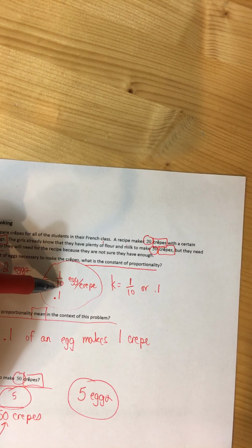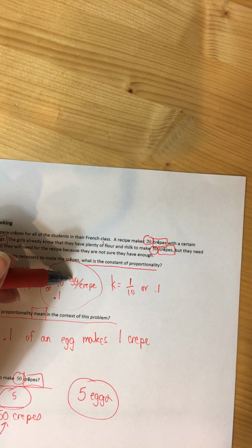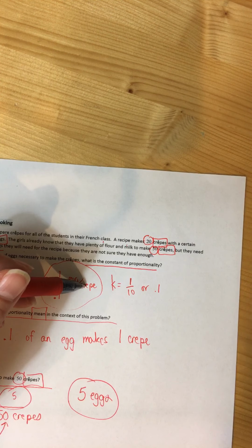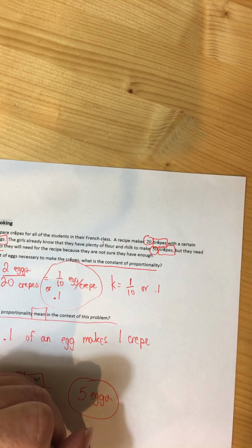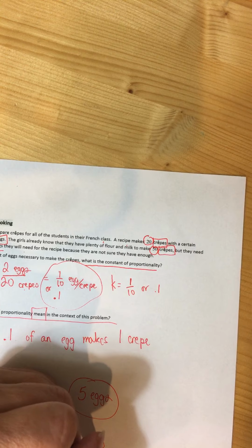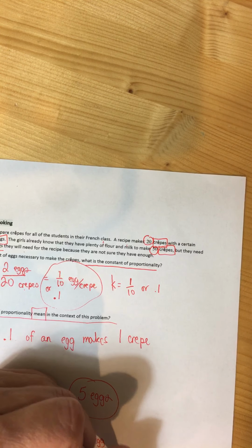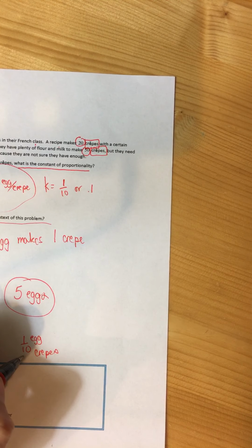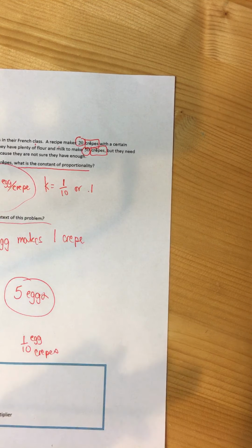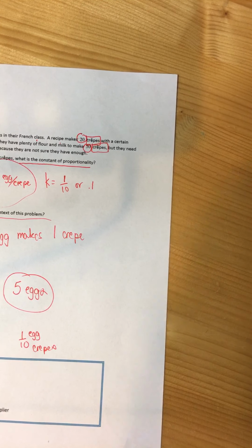You got 1/10 here. It's 1 egg would make 10 crepes. And that could be another way that you could calculate the answer to this question as well. So if it takes 1 egg to make 10 crepes, we're looking for 50 crepes. That's 5 times as many. That works as well.